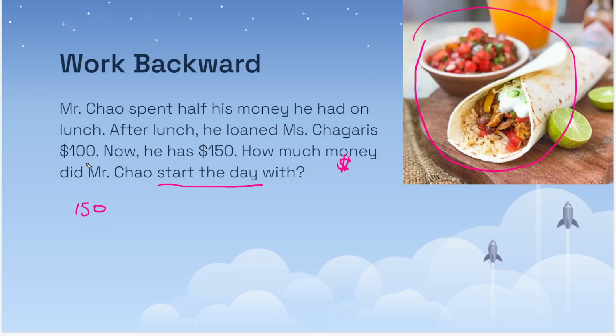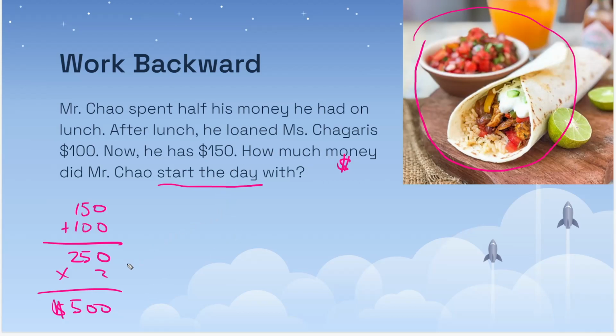He lent Miss Shigaris $100, which is subtracting $100. To go backwards from that is to add $100. So that's $250. And he spent half his money on lunch. So half is multiplied by 1 over 2. So the opposite of that is to multiply by 2. $500. Mr. Chow started the day with $500.